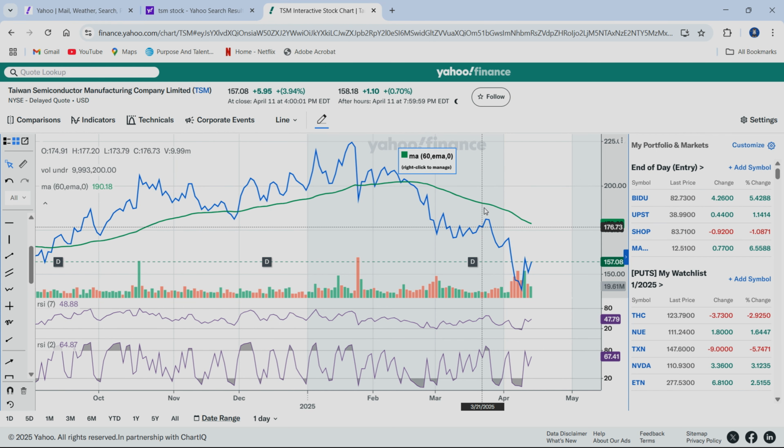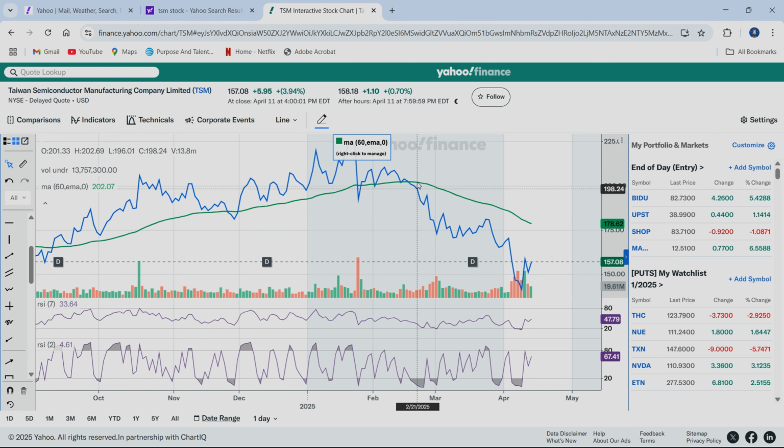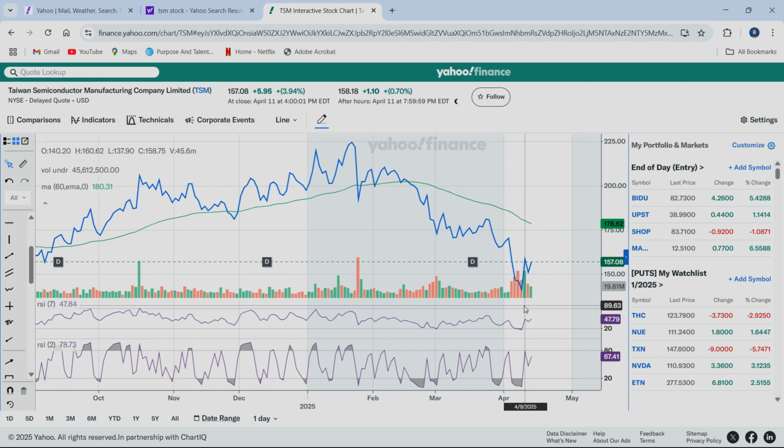So your buy point would be right here. Overbought. So if this is going downward and you're at an overbought position, then guess what? You can enter here and then take the drop. So this is a $7 drop right here.